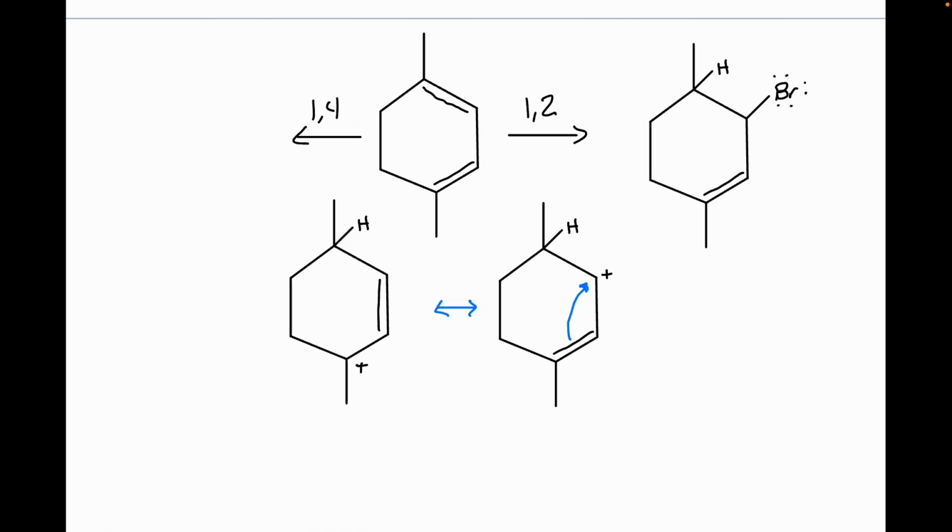But I also have that double bond that has moved, right? Because of resonance, not only is the carbocation going to move, but so is that pi bond. Cool.